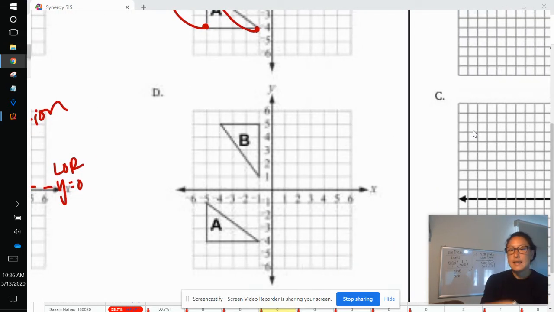All right, D. D cannot be completed in one transformation. But you can do a combination of transformations. So let's do an example. I think that if I take A, let's see if we can do this.